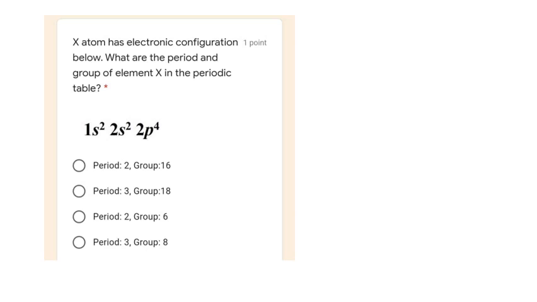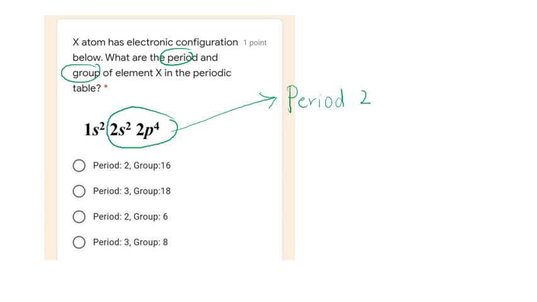Now we are in question 14. This question asks us to look for the period and also the group for this element X. So again, we focus on the valence shell. From this valence shell, n is equal to 2. So we know that this element X is in period 2. So option 2 and option 4 will be out.